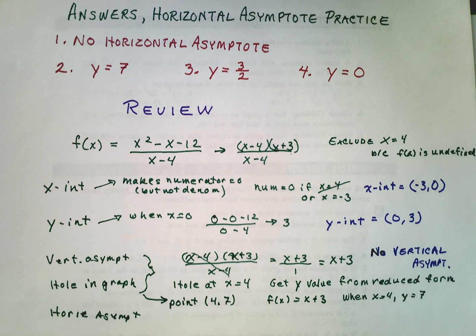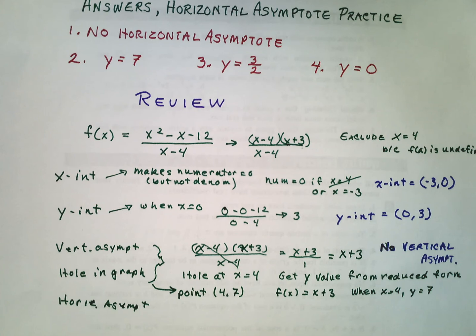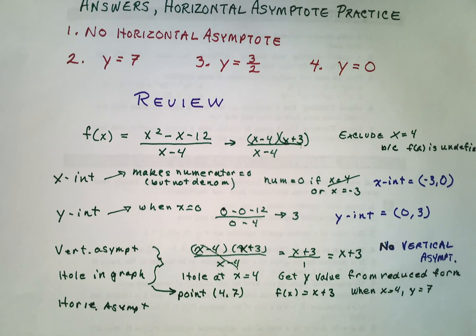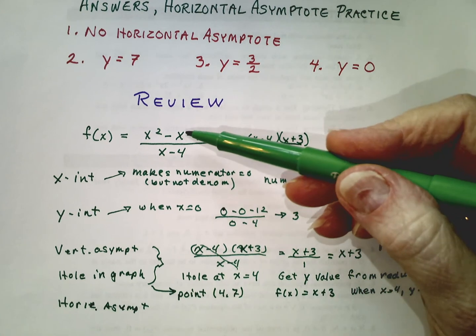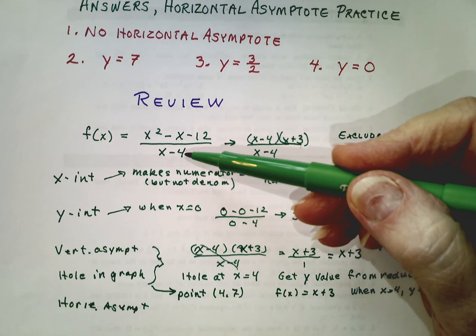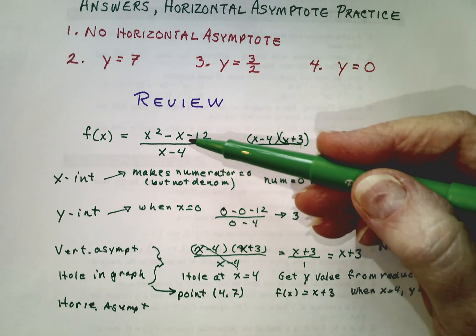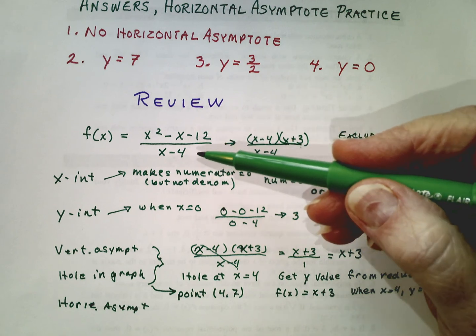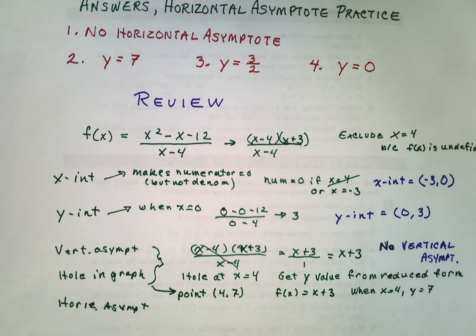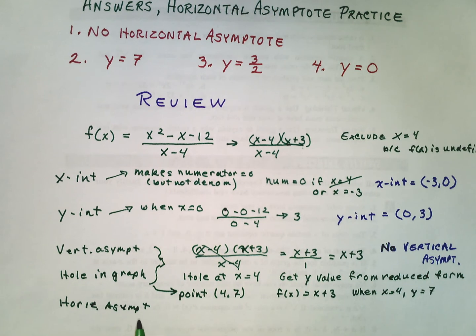Okay, horizontal asymptotes. In the last video, we talked about those being comparing the degree. If we have a polynomial over a polynomial, all we have to do is compare the degrees, and we'll be able to tell whether there's no horizontal asymptote, or it's going to equal y equals 0, or it's going to be the ratio of the leading coefficients.